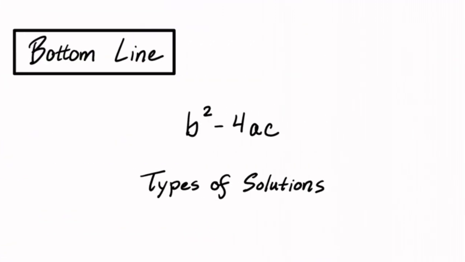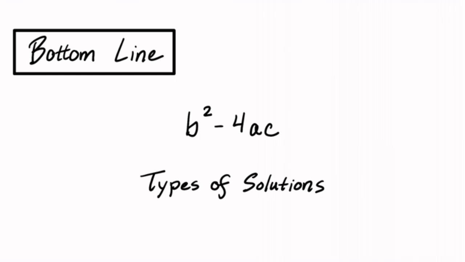All right, so bottom line, what did we learn today? Our discriminant formula is b squared minus 4ac. That comes from the quadratic formula. We can use that discriminant to determine the types of solutions we are going to get from the quadratic formula without even doing the full calculation. So in the case where our discriminant is 0, we learned that that is going to be one real solution.